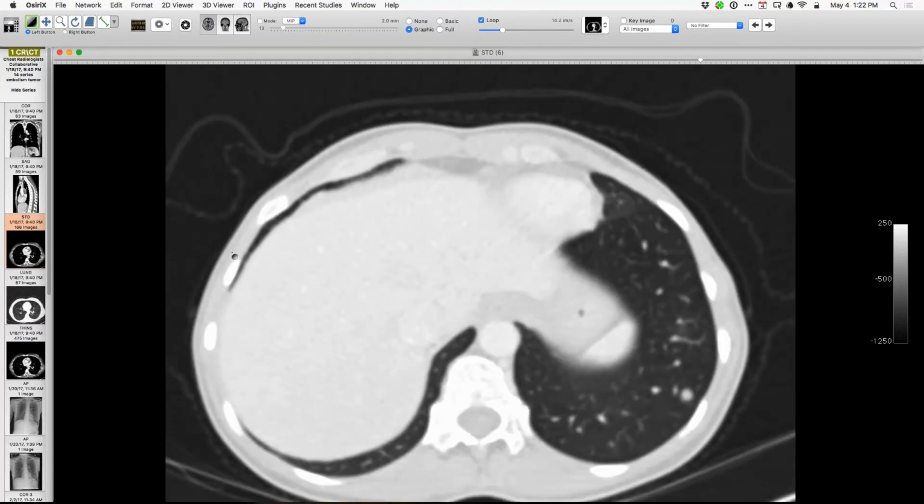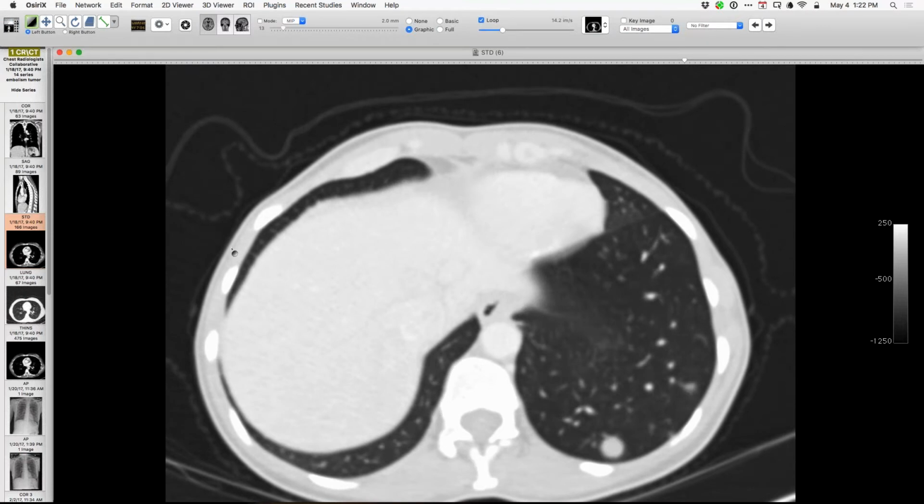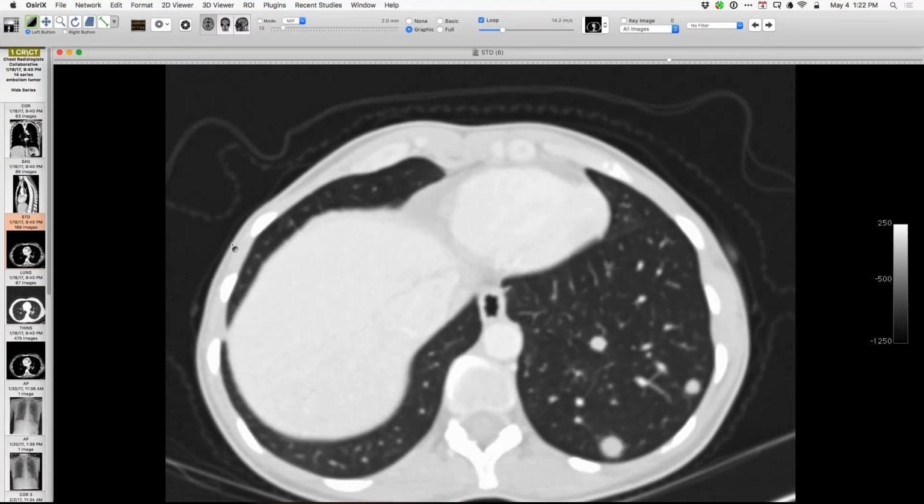Switch over to the lungs just to show you what's in the lungs.